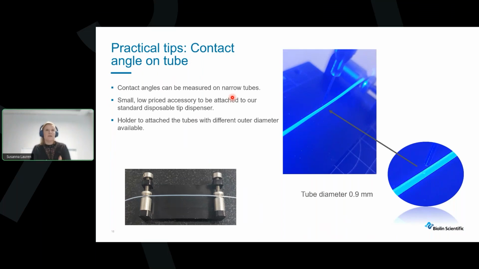So it is possible to measure quite easily contact angles on this type of very narrow sample by attaching it to a holder and using a small drop size to deposit on the surface. So you can see actually in this picture the small droplet on the tube surface.